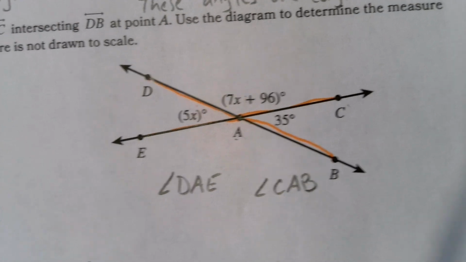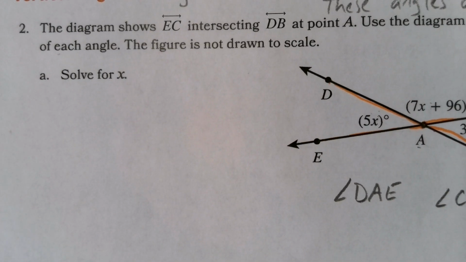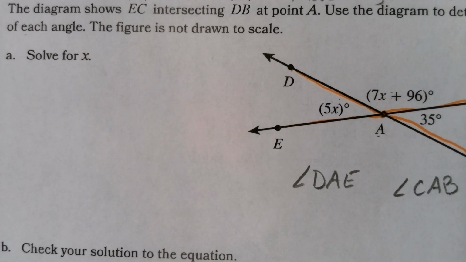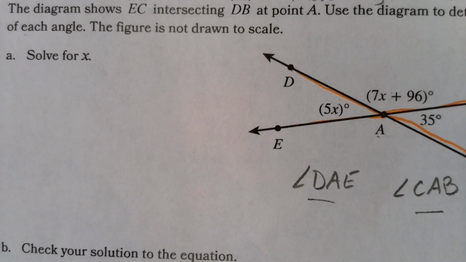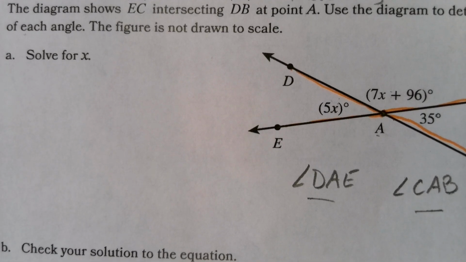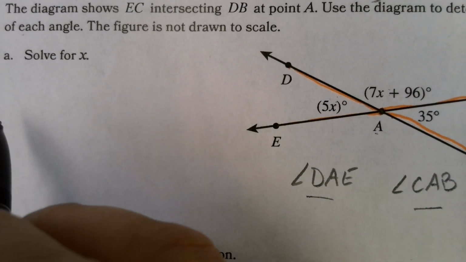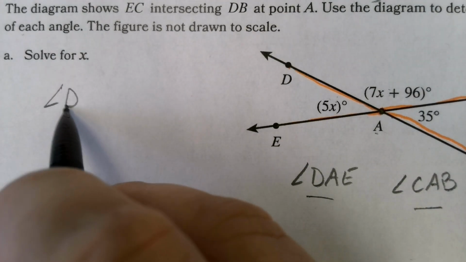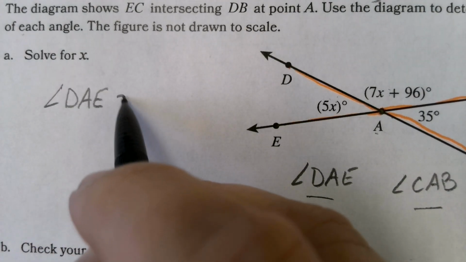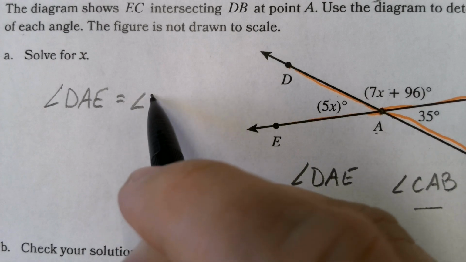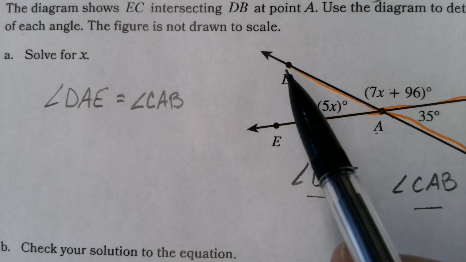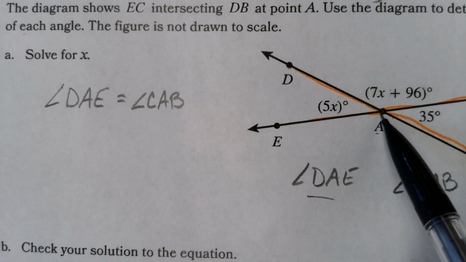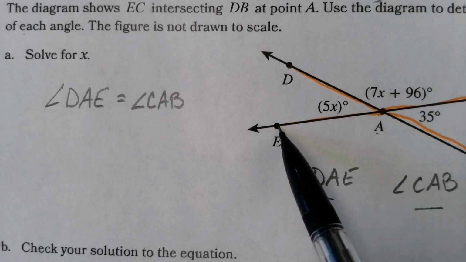Okay? So for question 2A, it's asking us to solve for x. Well, if I know that these two angles are congruent, that means they are the same. Congruent means the same. So I know that angle DAE is equal to angle CAB. And again, we're naming these starting outside to the inside, back to the outside.